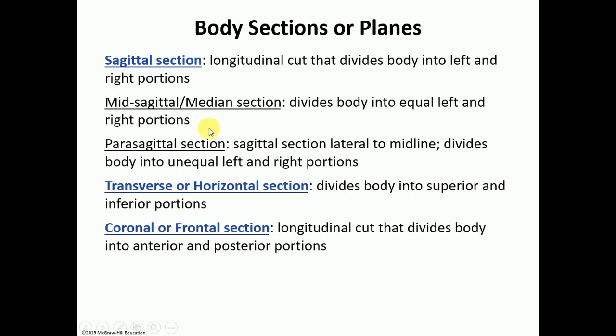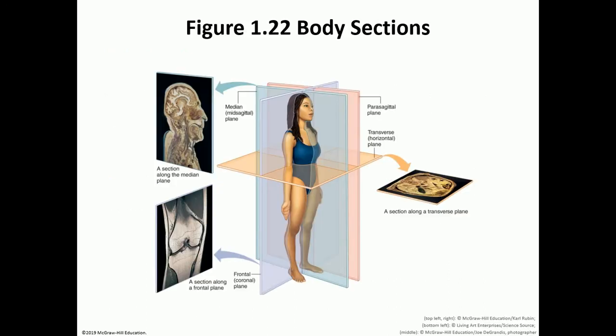So I'm going to actually go to the pictures because I think it helps better understand that. That blue plane that you see is known as the median or the mid-sagittal plane. That is right in the middle, and it goes all the way from the top of the head all the way down to the bottom. And it's mid-sagittal because it divides the body into an equal right and left side.